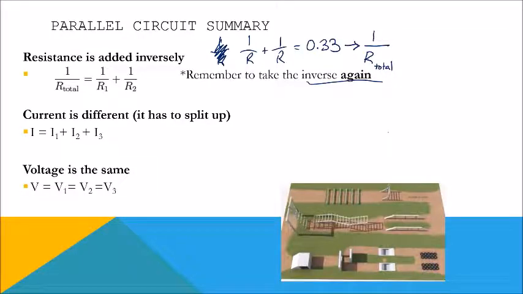In this case, current is split. Current is different in parallel. So if we have 14 runners start the race, they can choose which path to go down.